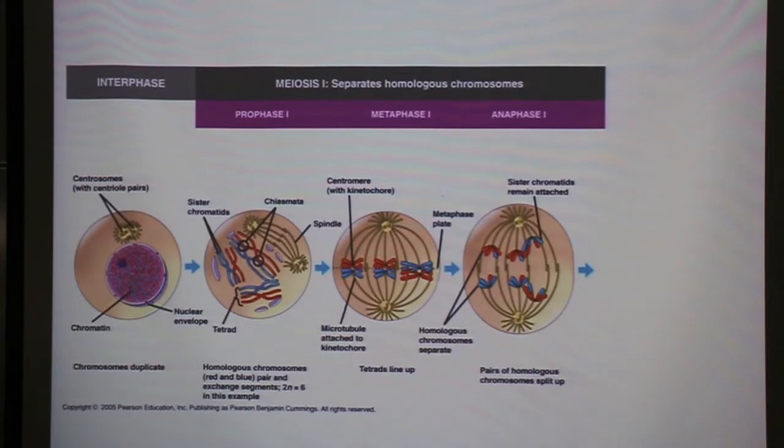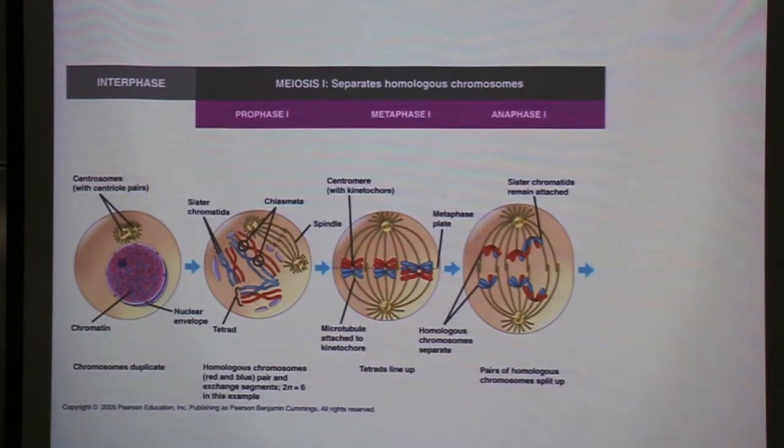In prophase 1 the nuclear envelope is going to dissolve, and your chromosomes, with their sister chromatids connected, are going to pair up with each other. You know that you have 2 chromosome 1s, for example, one from mom and one from dad. They pair up with each other, but this is what's really significantly different: they're going to form structures called tetrads.